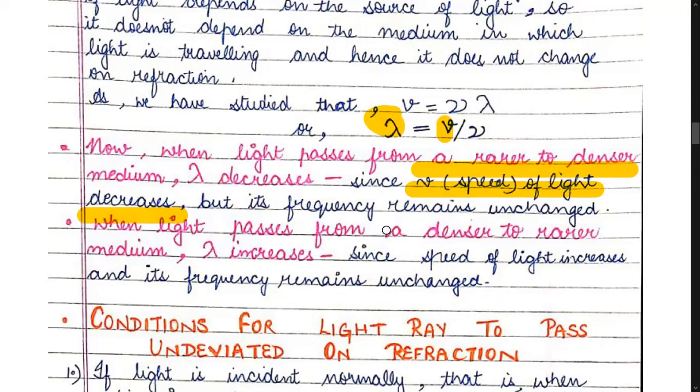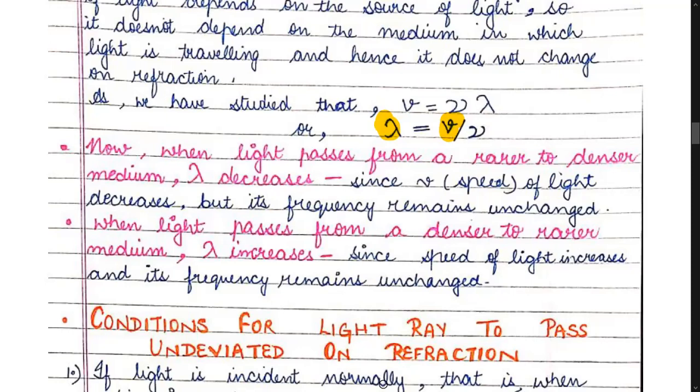and frequency remains unchanged. So if velocity increases, wavelength also increases, and if velocity of the light decreases, then wavelength also decreases. So again I repeat here.